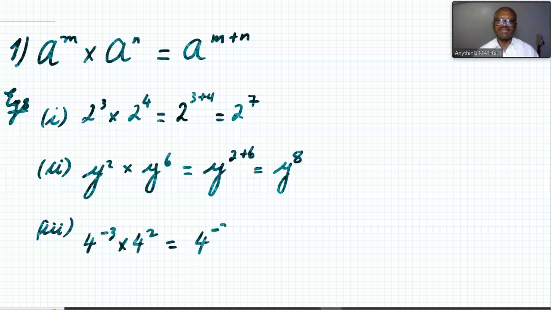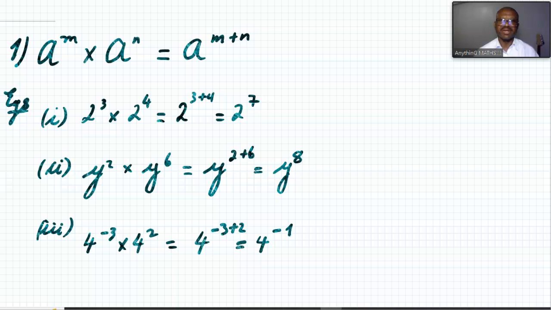We have negative 3 plus 2, and that will give us negative 1. So 4 raised to the power negative 1. Looking at this example, it is quite clear that applying the first law of indices is not all that difficult.